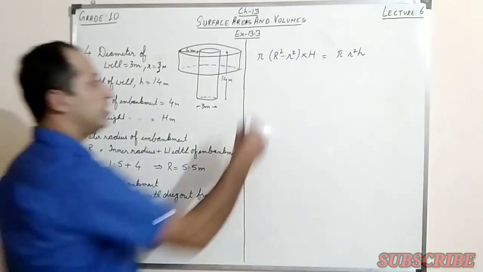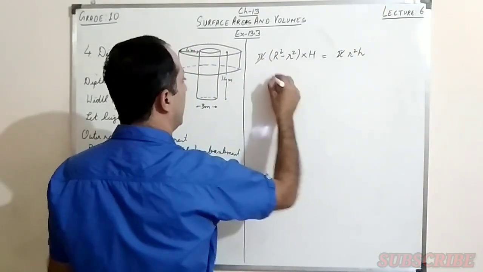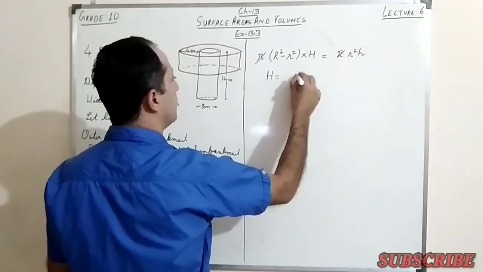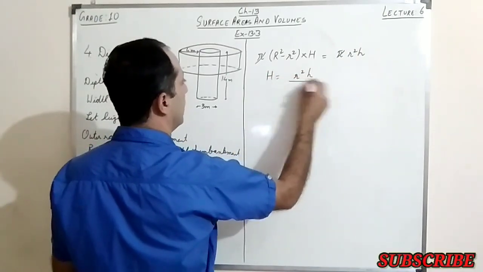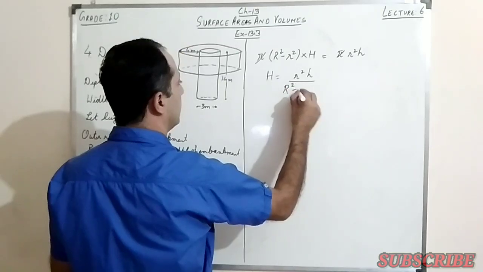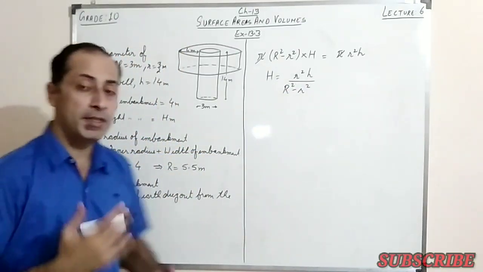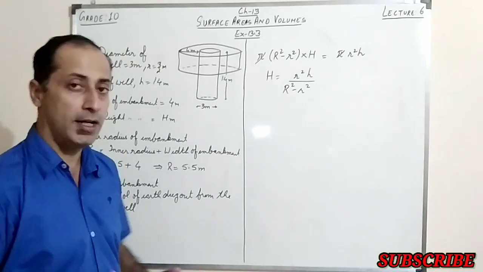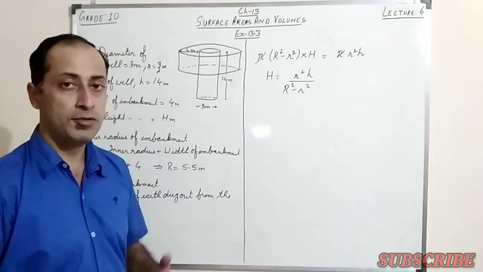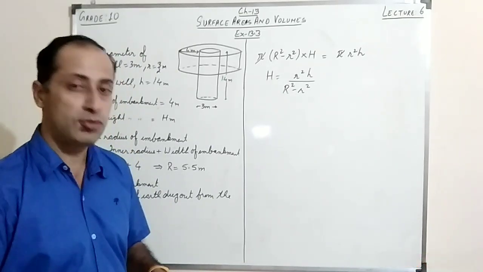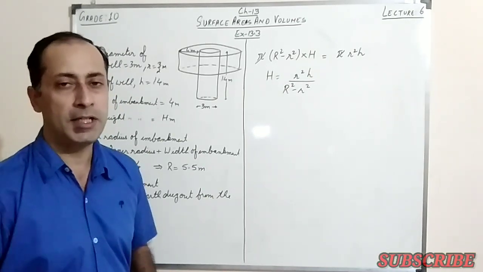Now I can cancel out this pi here, and this h will be equal to small r square h upon this thing. Now if you see, the values of capital R and small r both are in decimal. So if you go into the squaring of these two, then it can slightly become complicated.